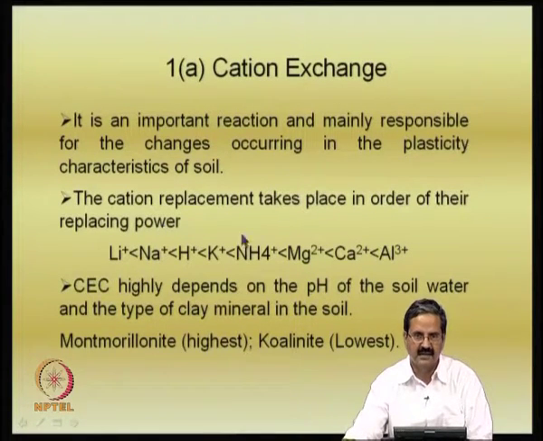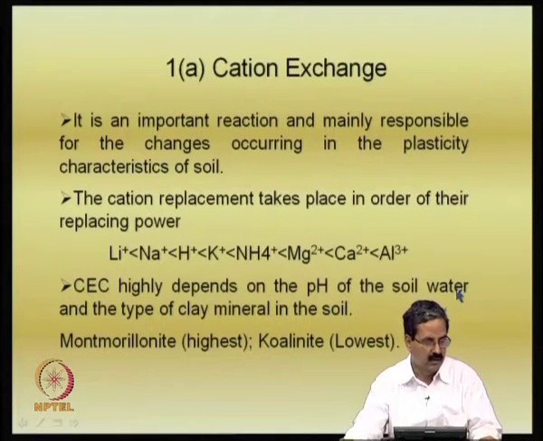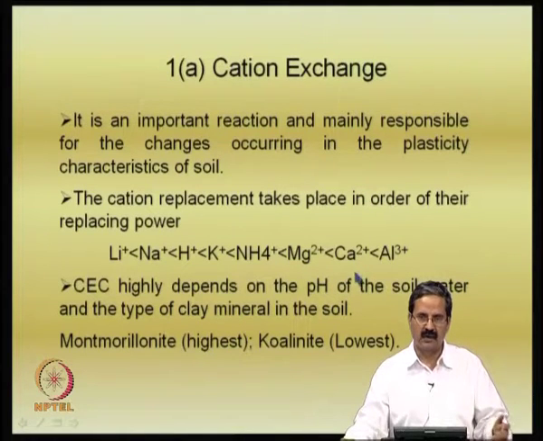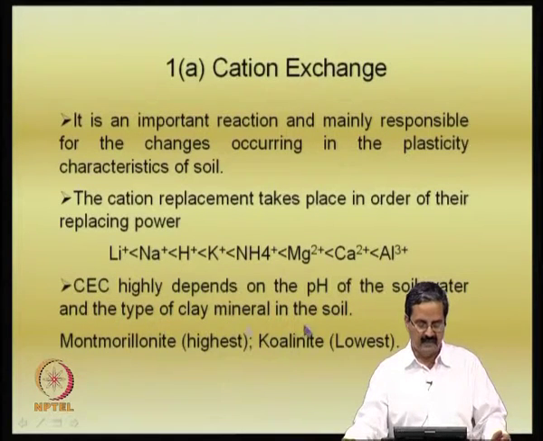Essentially this is a rule by which many of the replacements take place, and the cation exchange capacity depends on the pH of the soil. There is pore water, and if it has some pH, it definitely has a big influence on the cation exchange capacity, and also the type of clay mineral.